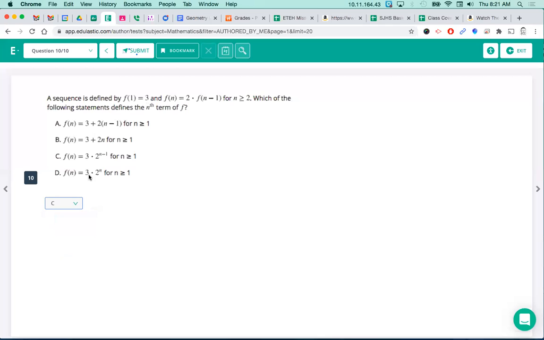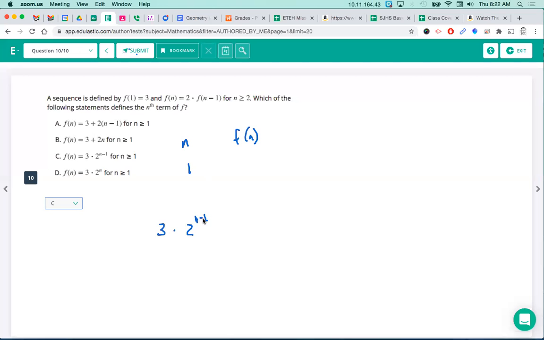And I can kind of double check to make sure this is true. If I look at my first term, here's f of n. So my first term should equal 3. So if I plug in 1 for n, 3 times 2 to the 1 minus 1.